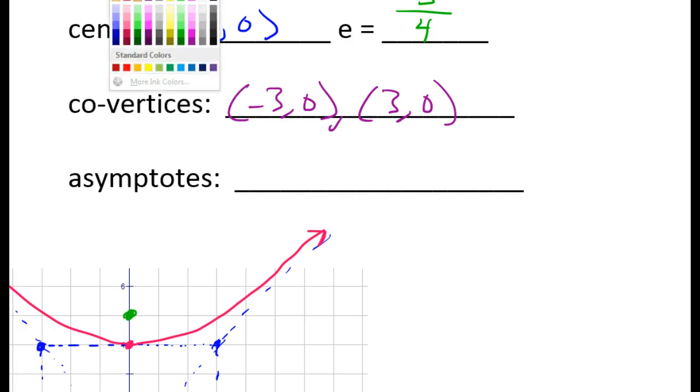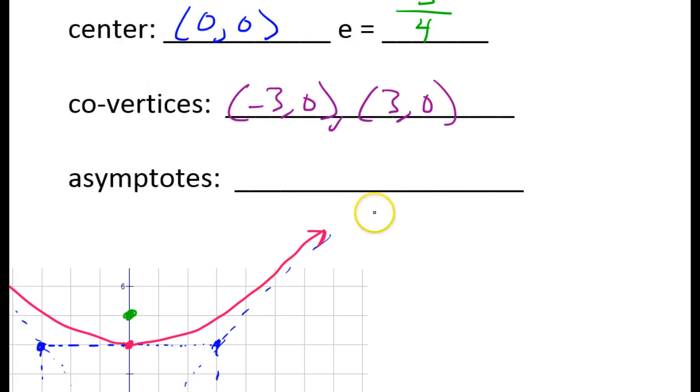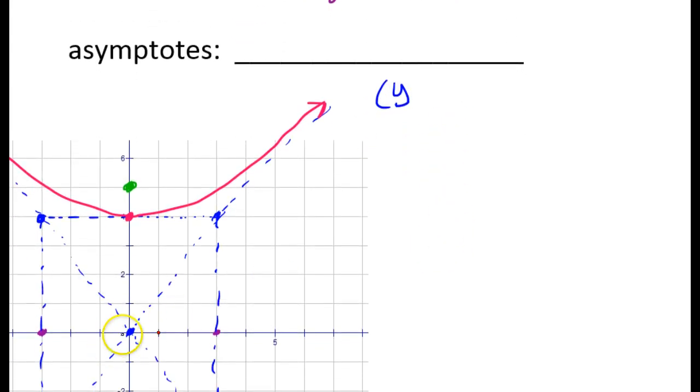Using point-slope form, we can write the equation of both asymptotes at once, as long as we use the point that is on both asymptotes, which is the center. So you know how the center is always h comma k? So we can write y minus k is equal to plus or minus the slope times x minus h, where h and k is the center.